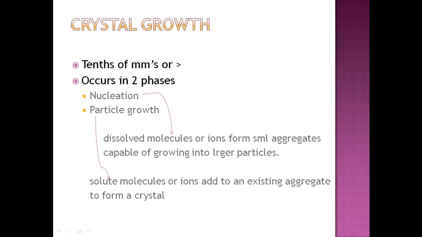One of the things that you can do to optimize your precipitate is to actually grow your crystals. So how do we do that? Well, crystallization occurs in two different phases. The first phase is called nucleation, and the other one is called particle growth. Now, in nucleation, the dissolved molecules or ions that you're using form small little tiny aggregates that are capable of growing into larger particles.